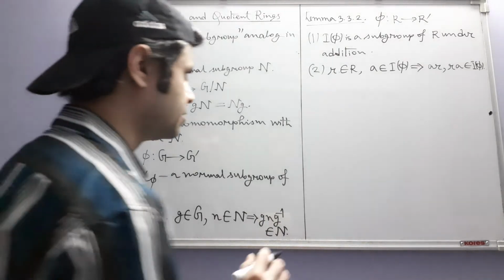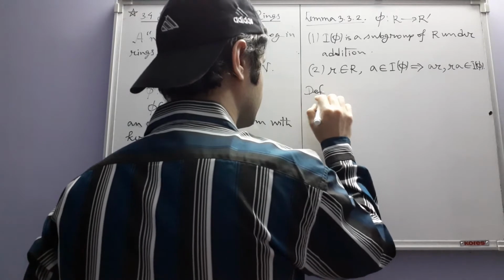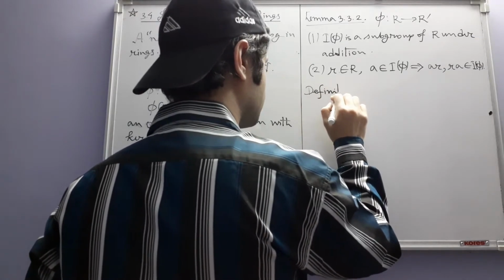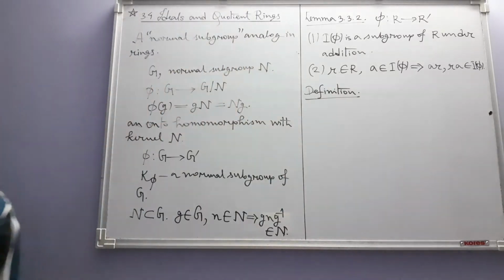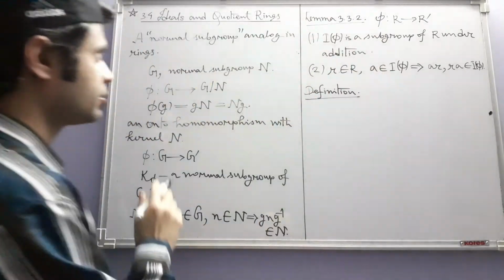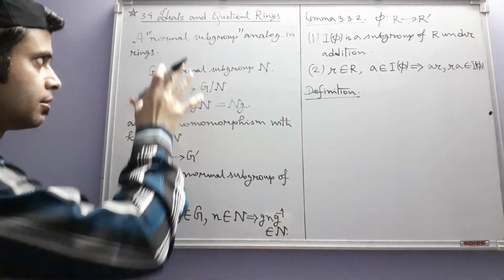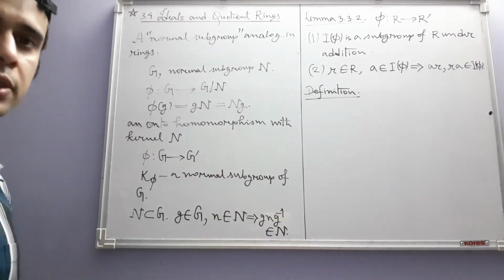So we have the first definition of this section. This is the definition of an ideal. The normal subgroup analog will be called an ideal, or some of you may already know about that.